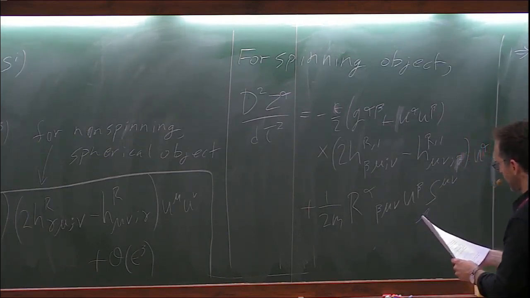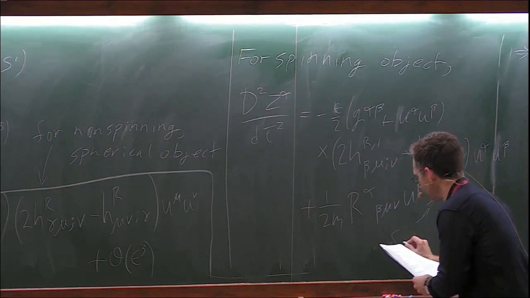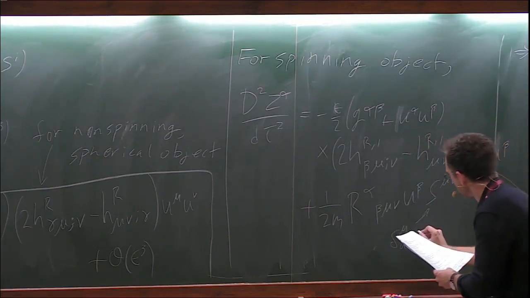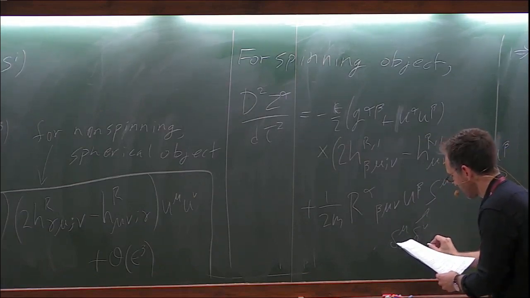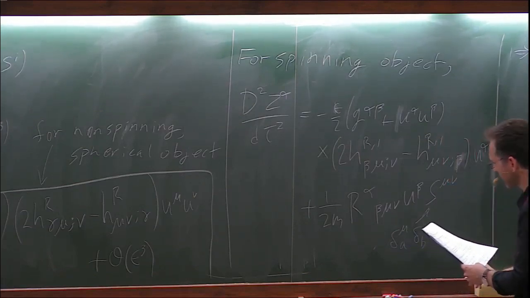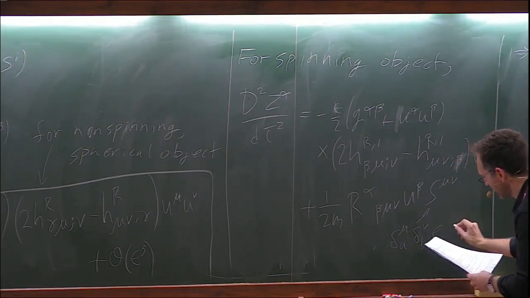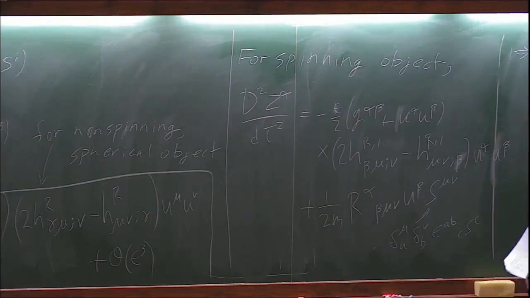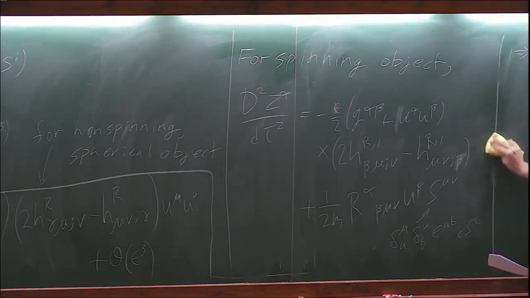What this is in the local coordinates is delta mu a delta mu b times epsilon a b c s c. So it's just the Levi-Civita symbol that takes you from one index to two indices. Yes, thank you very much. That's U mu U nu. Yes, thank you.